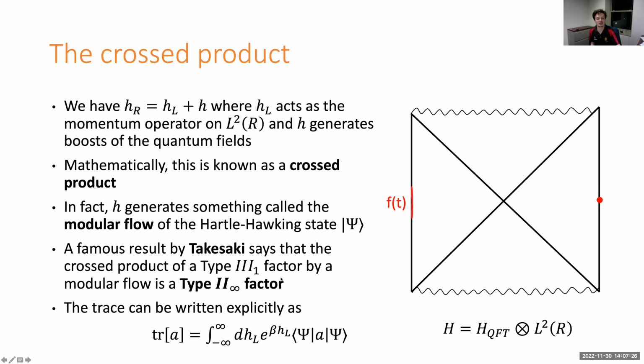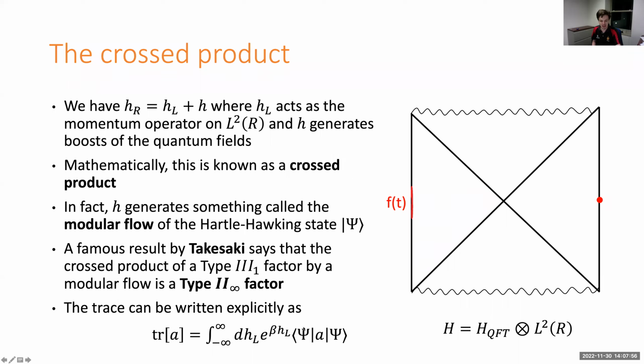In fact, it turns out you can write down this trace very explicitly. The trace of some operator A, where A should be thought of as a function of both HR and the QFT observables, can be written as the integral from minus infinity to infinity of dHL, where HR is HL plus an operator on the QFT algebra, times e to the beta HL, times the expectation of this operator A in the Hartle-Hawking state psi.